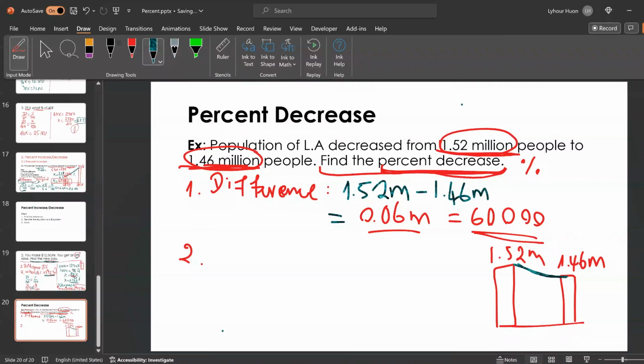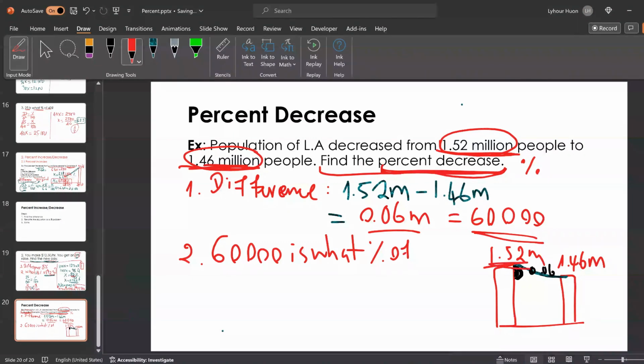We already figured out the difference between the original number and the later number, which is 0.06 million. So in order to rewrite the problem, we write: 60,000 is what percent of the original number, of 1.52 million.